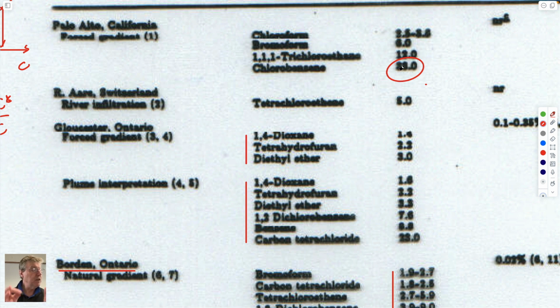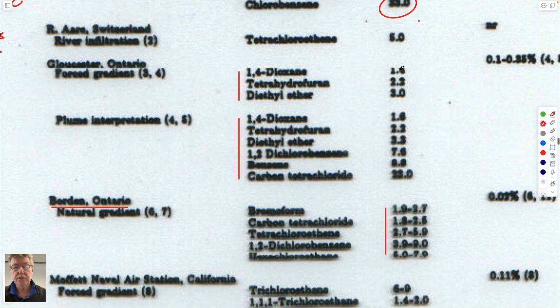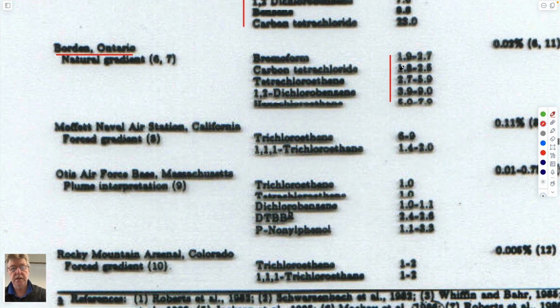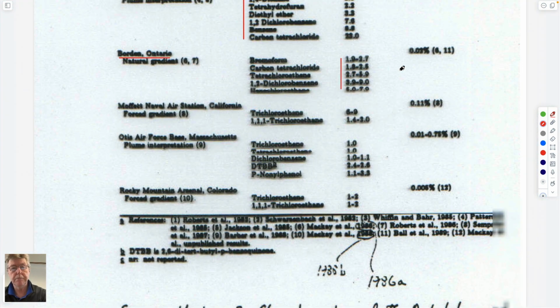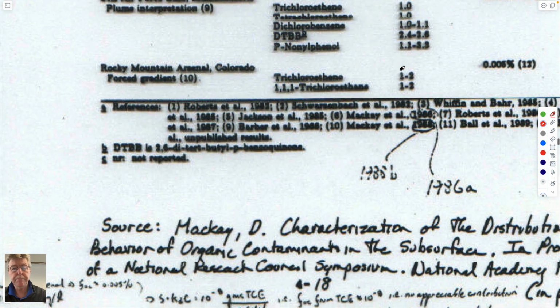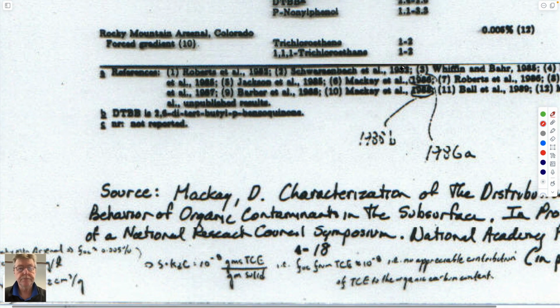So it can be going 30 times slower than if you assume that it's going at the advective velocity. So a nasty, dirty chart, but gives you some appreciation of what's going on. Okay? What else?